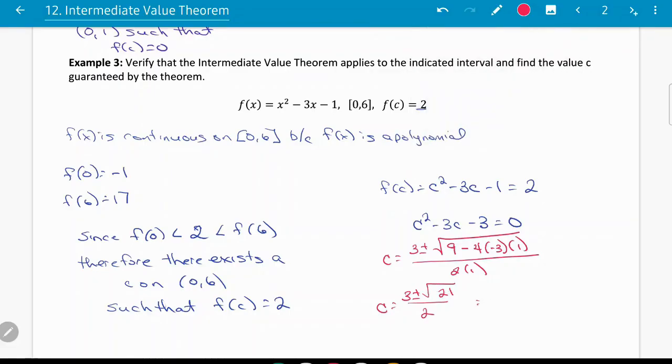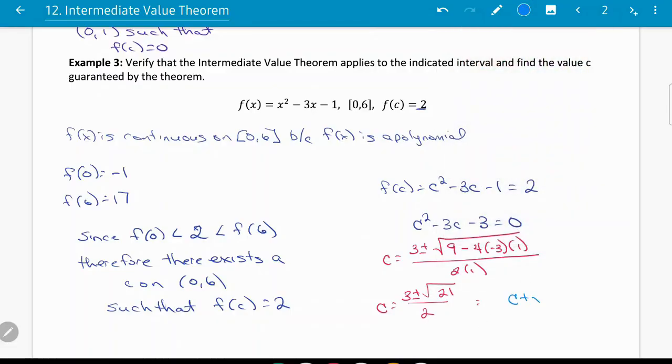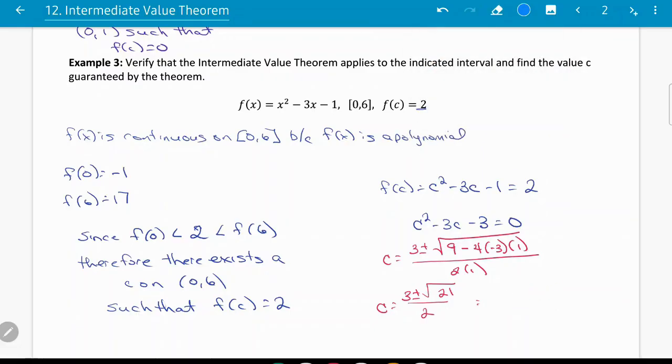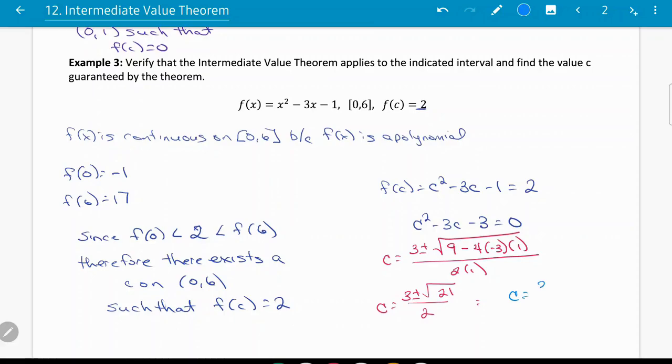Okay, so you can see that square root of 21 is definitely going to be more than 3. So we have both solutions: c equals 3 plus the square root of 21 over 2, and c equals 3 minus the square root of 21 over 2.